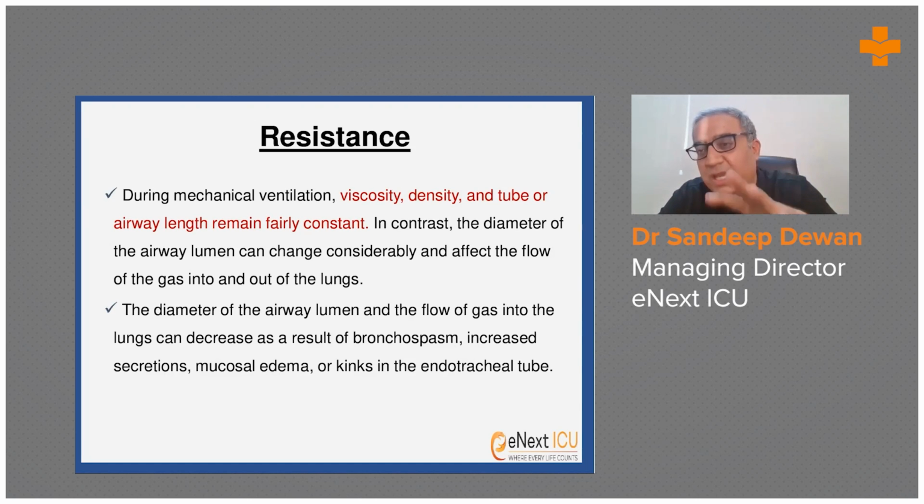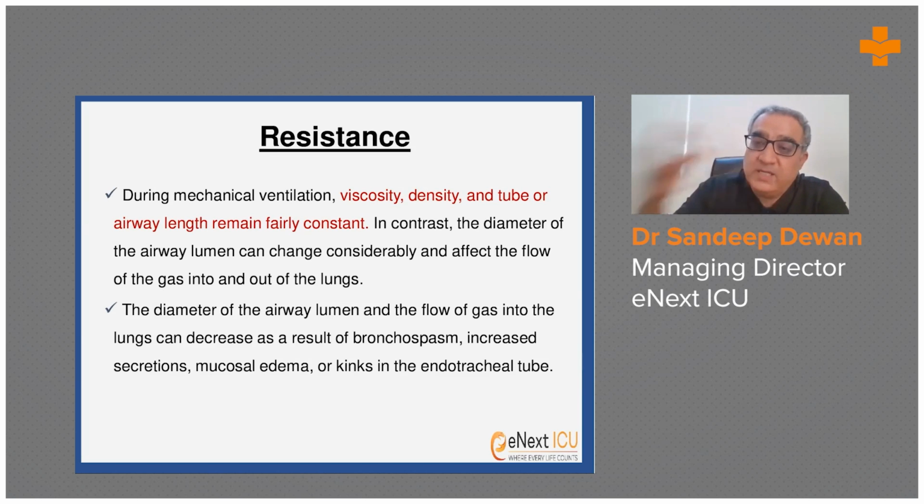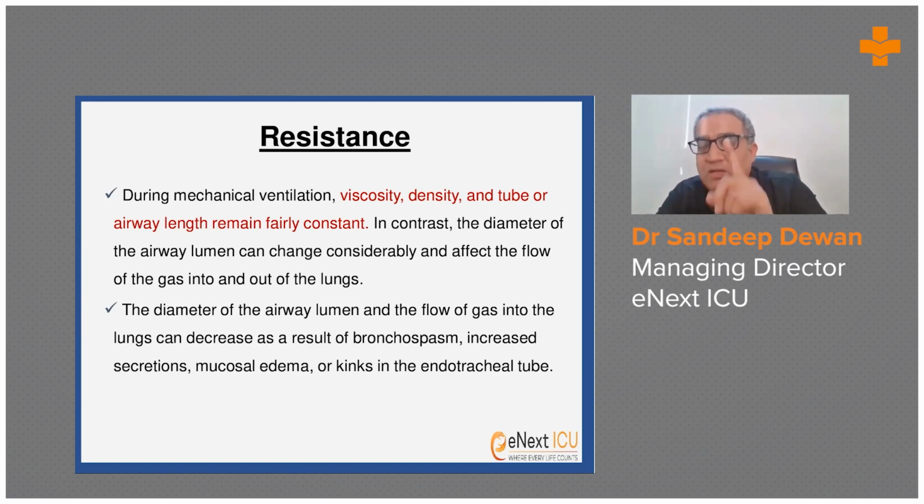Once you are putting air into the lungs, whether it's an ARDS lung or a normal lung, the viscosity of the air doesn't change. Am I right? The density of the air doesn't change. The length of the endotracheal tube or the length of the trachea always remains constant. So the only factor which determines resistance is the diameter of the airway lumen.